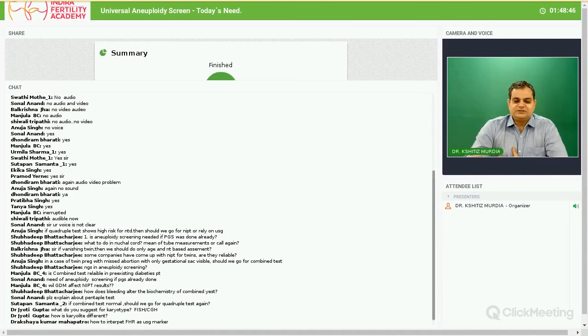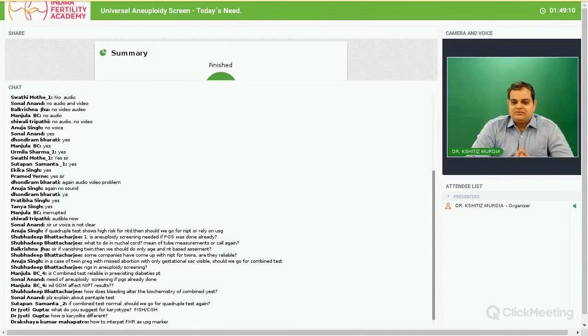The sensitivity of this is very high, but it's still in an evaluation phase, in European countries. Some companies are offering it. In India, it has not come up yet, but we are also hunting for this test, or the first trimester quadruple. Once we are able to negotiate with the companies, we will intimate you.